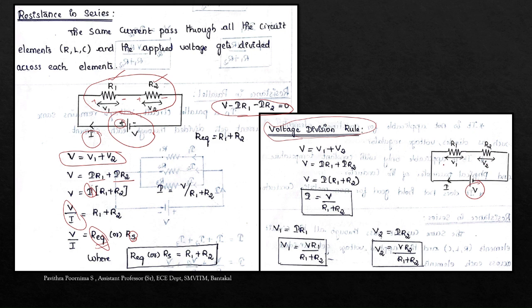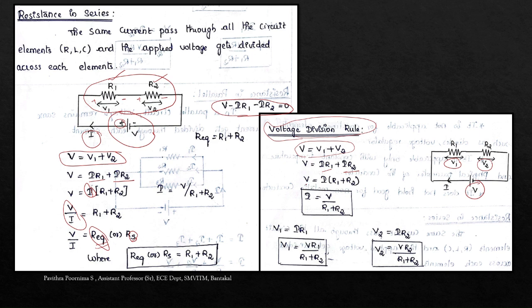V1 and V2 are the voltage drops, the total voltage is V and the total current is I. So I can write V equal to V1 plus V2, and V1 I can substitute as IR1 and V2 as IR2, and to find the individual voltage drops V1 and V2, the formula is the voltage division rule.